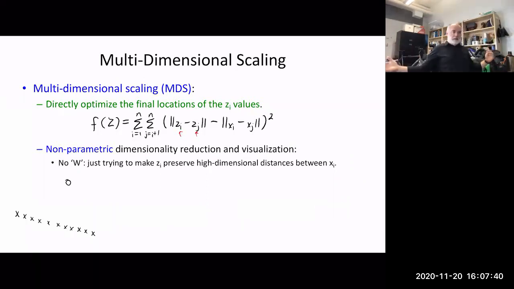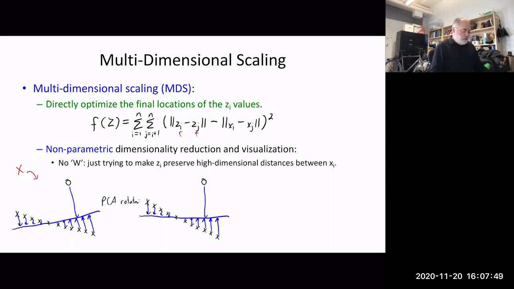So if we have a data set like so, this is now all of X, something like this, right? Don't worry about there being an X and an O, you'll see why in just a second. If we use PCA, it finds the axis of principal variation, then projects all the data points onto that. And this leads to what we'll refer to as a crowding effect.